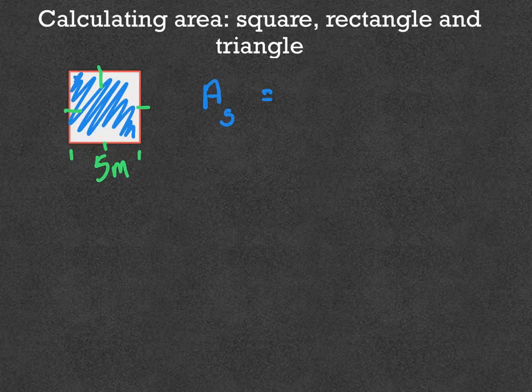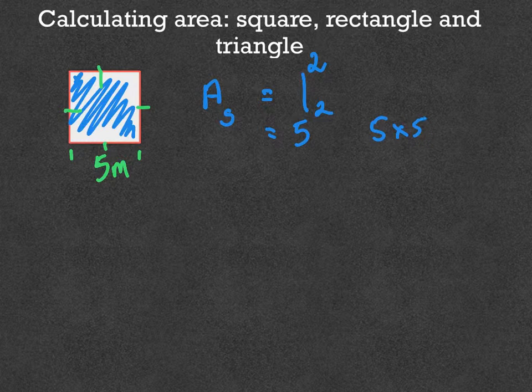So our equation is A_S equals L, for length, squared. In this case it's 5 meters, so it's 5 squared, or 5 times 5, and this equals 25 meters squared. Area is always expressed in a squared form.